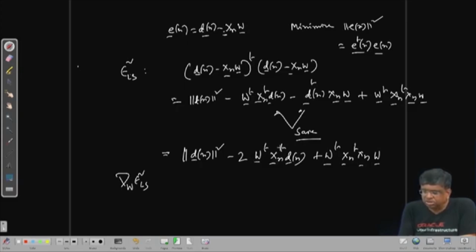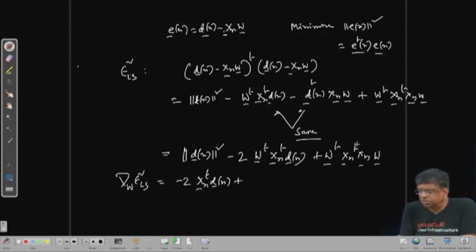So, w transpose a column vector, when differentiated with respect to w and put in a stack, will be just that column vector. So, it will be minus twice, and this kind of thing we have done many times in the past, the latest case being the normalized LMS algorithm and affine projection. That time also we did this kind of differentiation.